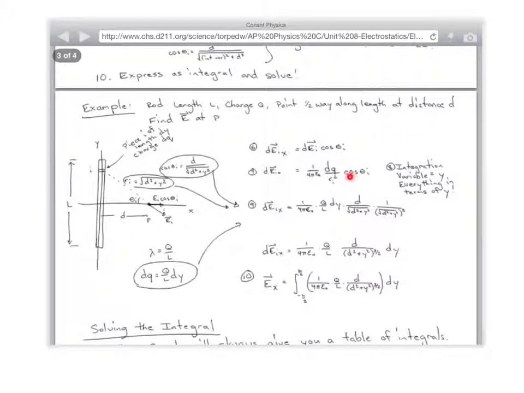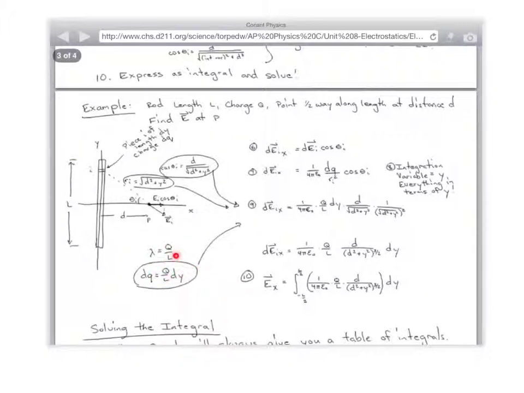Now, the next thing we know, we can say, well, this dq is actually a little bit of charge, right? But that little bit of charge, we know that dq over dl is equal to big Q over big L, which means that dq is big Q over big L times dy.